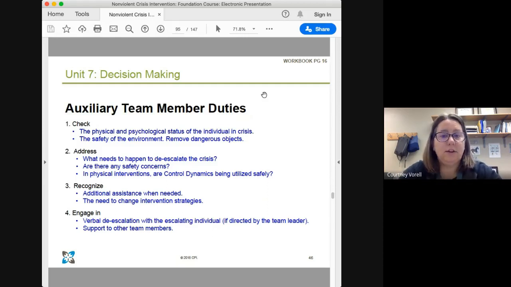And then you're also going to look for situations where additional assistance is needed, whether you can provide that or you need to bring somebody else in that can. And maybe a need to change intervention strategies. I've been in a situation in a crisis where I said, let's just try to back away and see if that is a good strategy here.